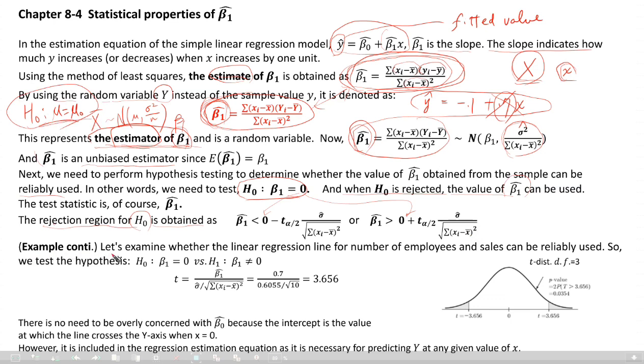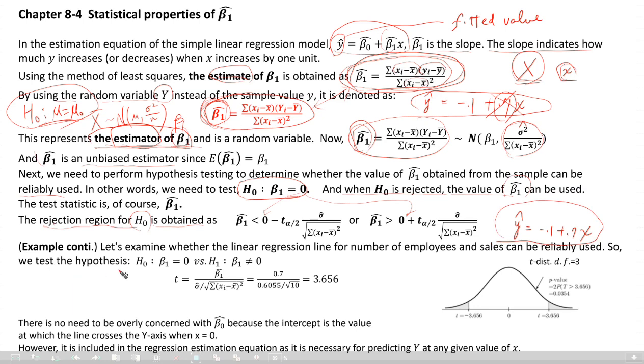Example continued. Let's examine whether the regression line for number of employees and sales can be reliably used. We obtained the result y hat equals minus 0.1 plus 0.7x. Can we use this equation?